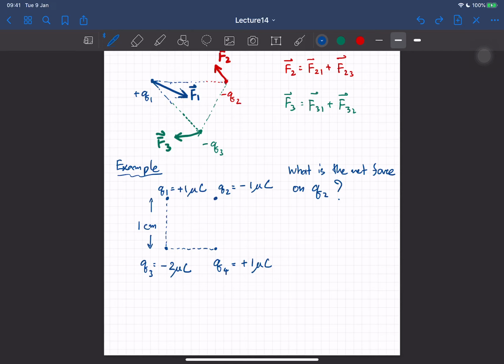Q1 and Q2, they are opposite sign in terms of the charge. So they attract each other. So that means Q1 will have the force pointing that way. Q2 will have the force pointing that way. Right. But in this case, we are not really concerned with the force on Q1. So we can just ignore the force on Q1 because that's not what the question is asking. So I just draw only Q2. And again, it's along the line joining them. So I have this force here. Let me zoom in a little bit.